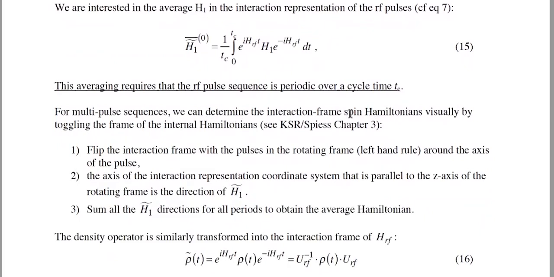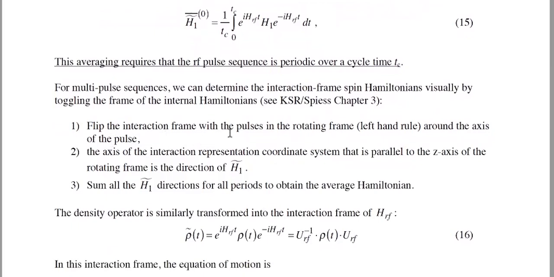You determine the interaction frame spin Hamiltonians visually by toggling the frame of the internal Hamiltonian. And how does this toggling work? You would flip the interaction frame with the RF pulses in a rotating frame around the axis of the pulse, and then the axis of the interaction representation coordinate system that is parallel to the z-axis of the rotating frame is the direction of the H1 tilde, and then you add up all the H1 tilde's directions for all the discrete periods, to obtain the average Hamiltonian.